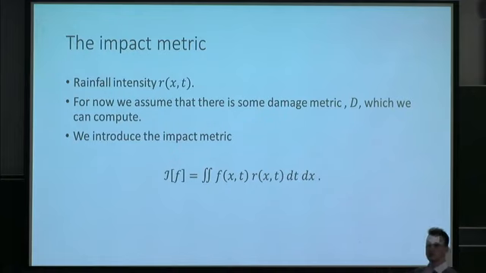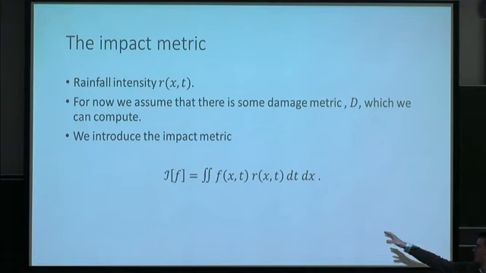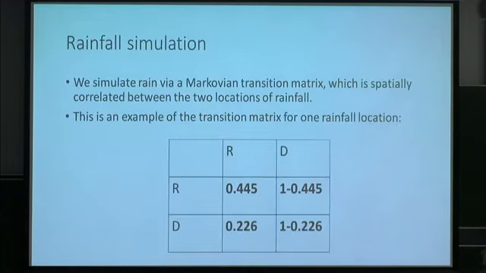So F controls the distribution of your rainfall, and R is the intensity. F is currently uniform, the way they do it, so they'll just put rain in every place at the same intensity and over the same time. Obviously, we want to try and optimize F away from a uniform one and towards an optimal one. That's our impact metric, basically.